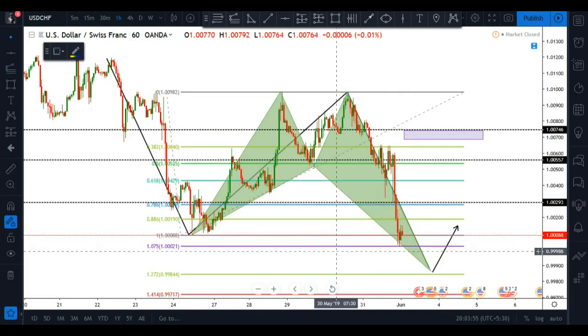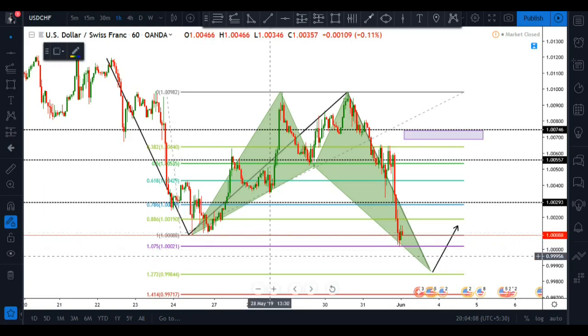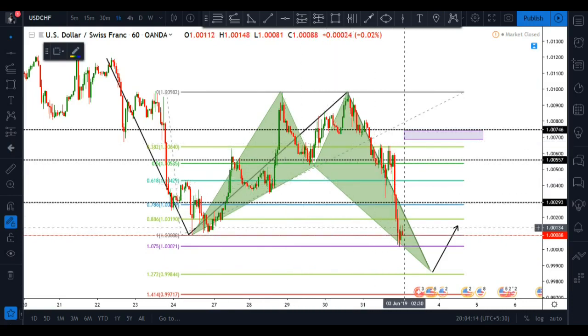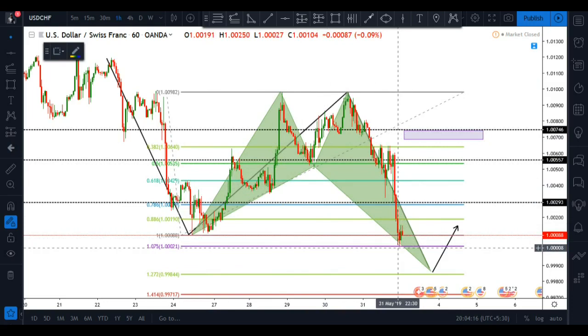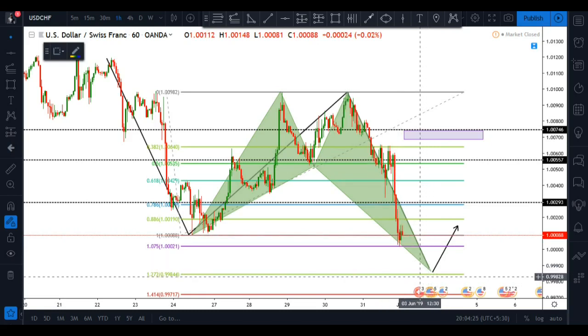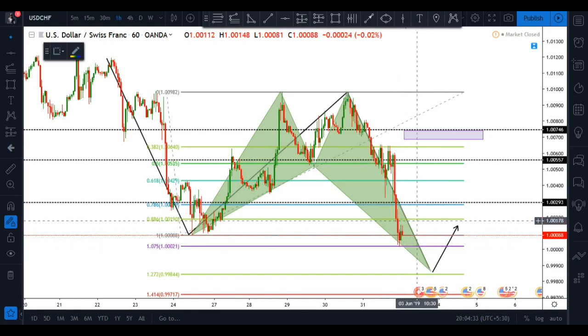I have identified this 1.075 extension level as a significant level of structure when considering the completion points of butterfly patterns, which means sometimes in forex market the butterfly patterns tend to complete at this 1.075 extension level instead of the normal completion point 1.272 extension level.